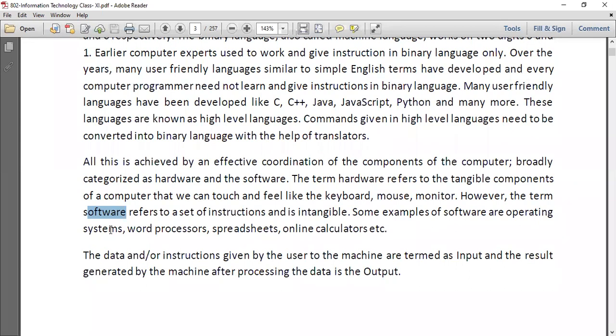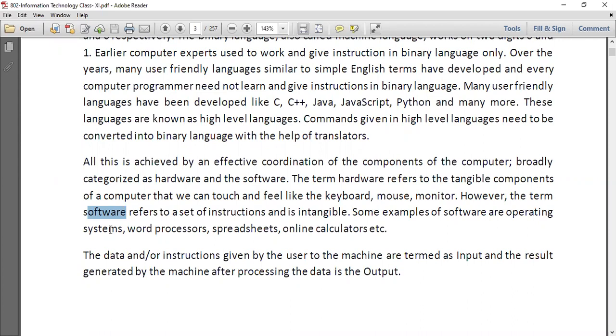So the hardware are those devices which we can touch and feel, the components of the computers. For example, keyboard, mouse, monitor, ये सब hardware है, right? या CPU के अंदर जितने components हैं, all are hardware, right?